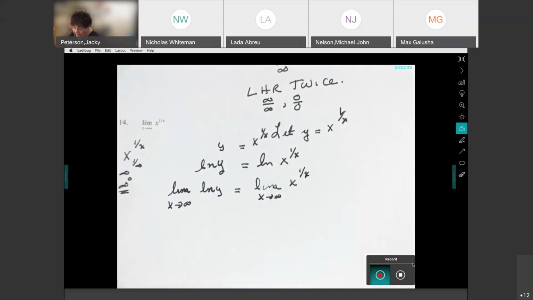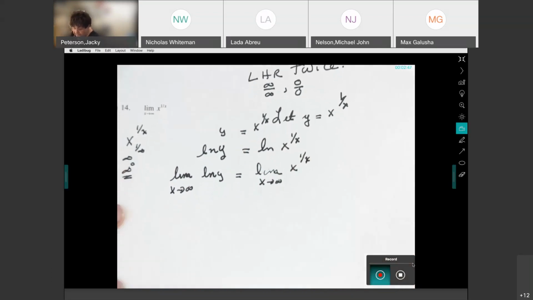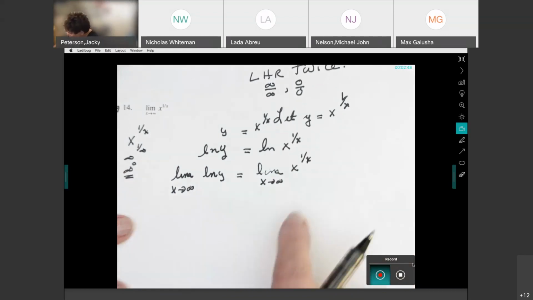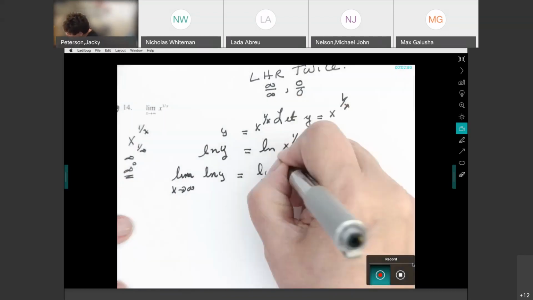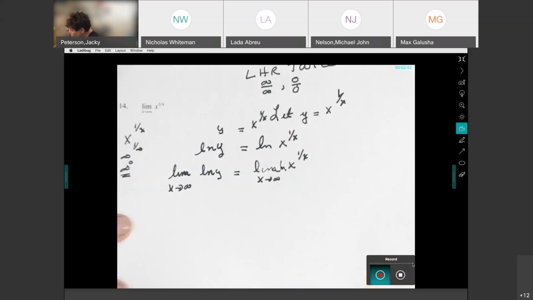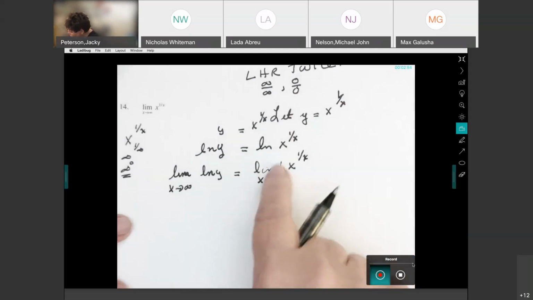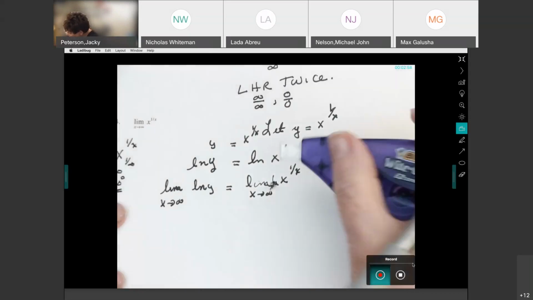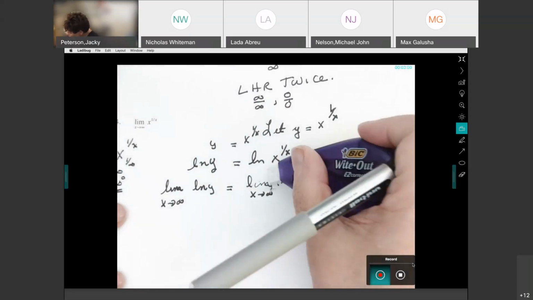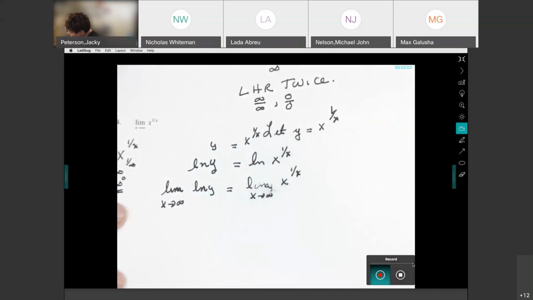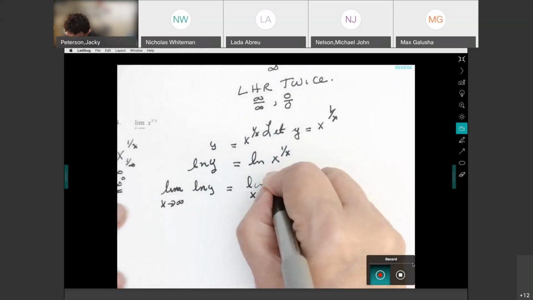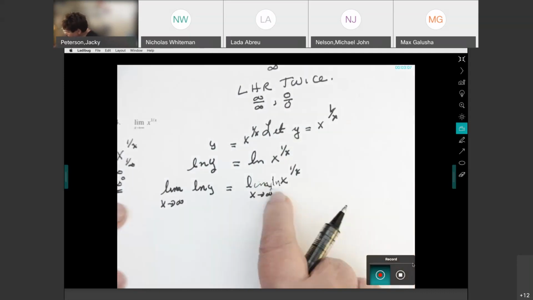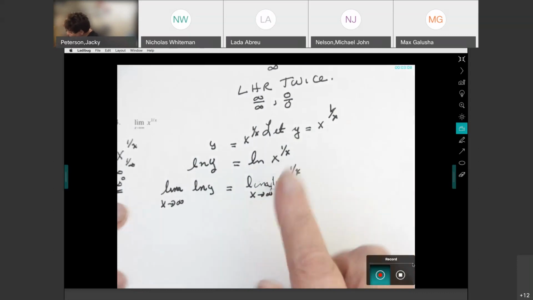Now, what does this have going for us? Well, this is the natural log of x to the 1 over x. What that has going for us, I just smeared everything. Of course, that's because I'm videoing, you know. Is that I can now deal with the natural log.